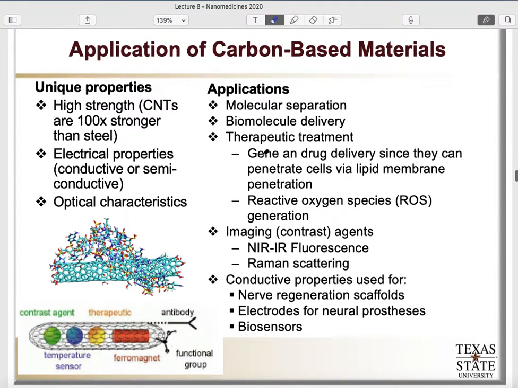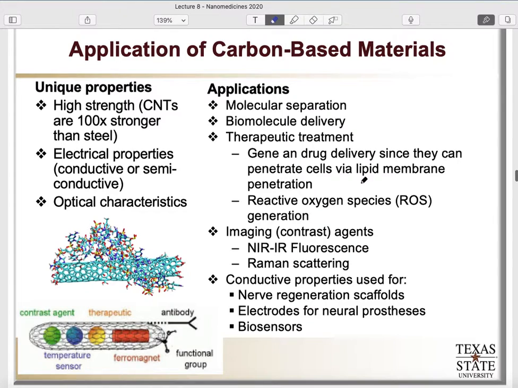And so biomolecule delivery, of course, also goes with therapeutic treatment in the fact that we can deliver a gene or some kind of nucleotide that has therapeutic abilities, or a drug, small molecule or even protein, that can utilize the ability of the carbon nanomaterial to penetrate the membranes of cells. And the reason for this ability is the hydrophobicity.